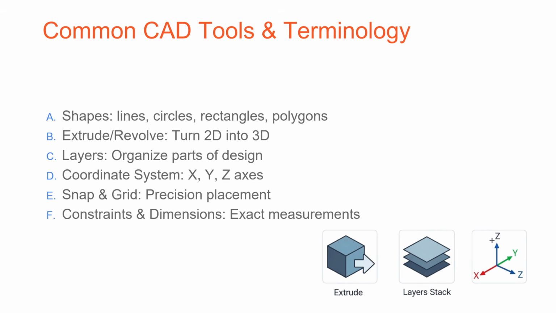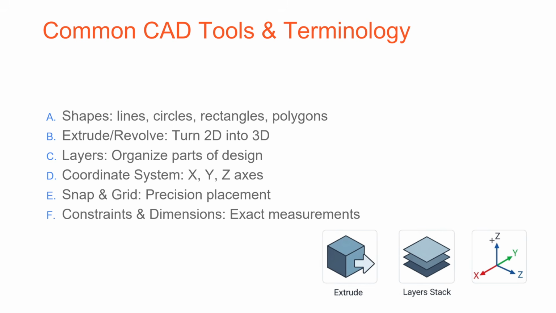The next point is layers. Layers let you organize different parts of your drawing, like separating walls, furniture, and electrical components in architecture. Next is the coordinate system. CAD uses XYZ axes to position objects in space. Think of it as a 3D graph.